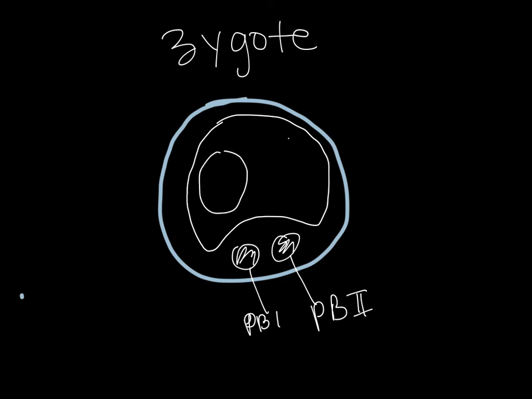The male and the female pronucleus. That is directly after fertilization. And the subsequent events for the zygote and activation of the offspring's genetic material, that will be explained in later videos.